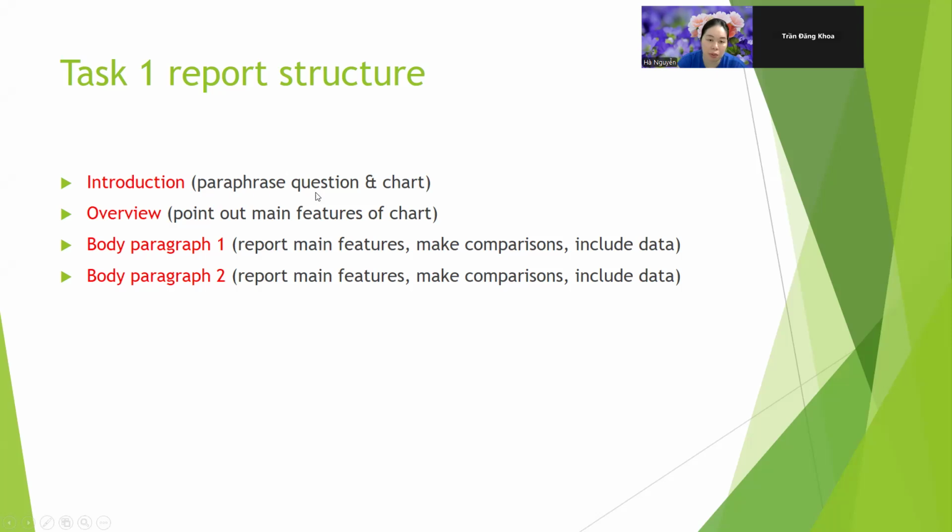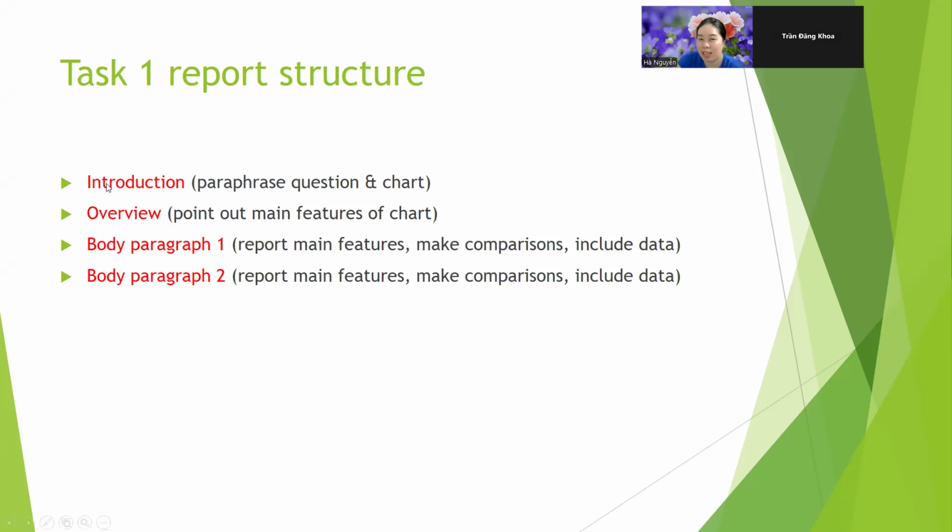You paraphrase the question and the chart. You get information from the question, information from the chart, from the title, from the details in the chart, and you put them into one introduction that tells us what this map, this process diagram, this line chart, etc. illustrates.